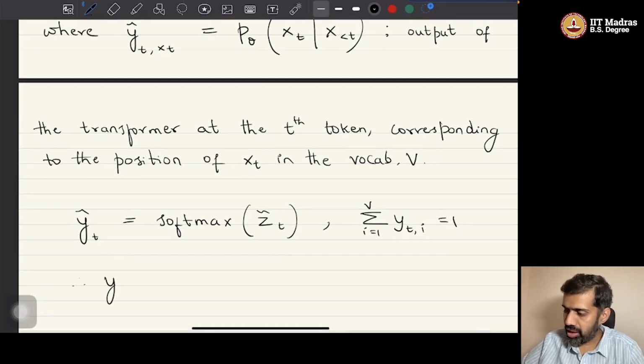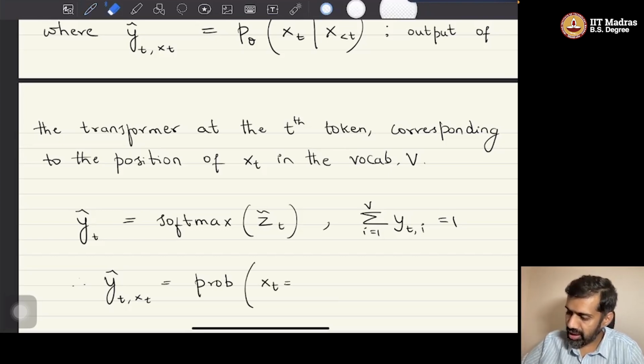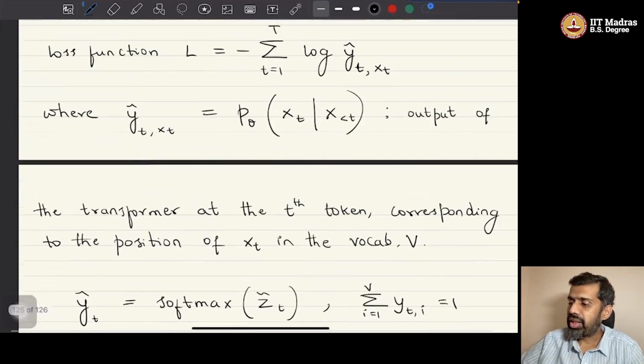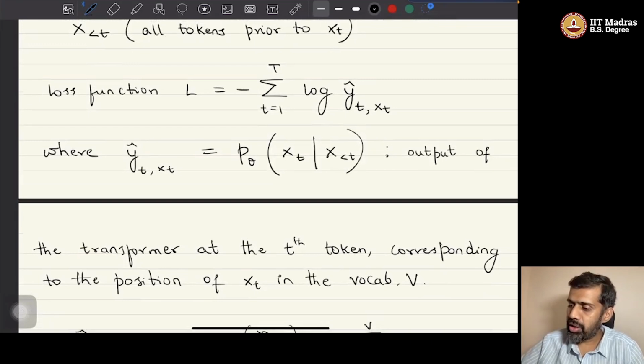Therefore y hat t at xt is actually equal to the probability of xt being equal to, let's call it i here for ease of understanding, the ith token in the vocabulary, given we have seen the history, right?